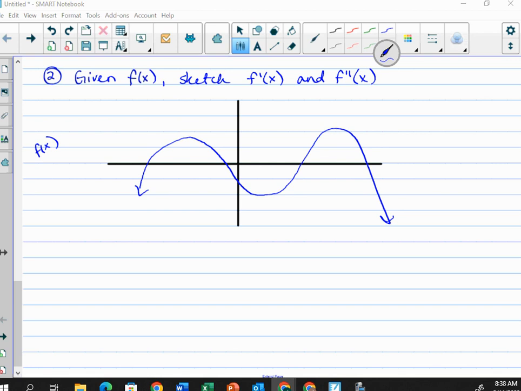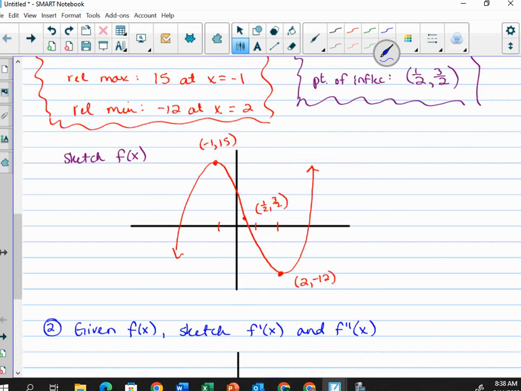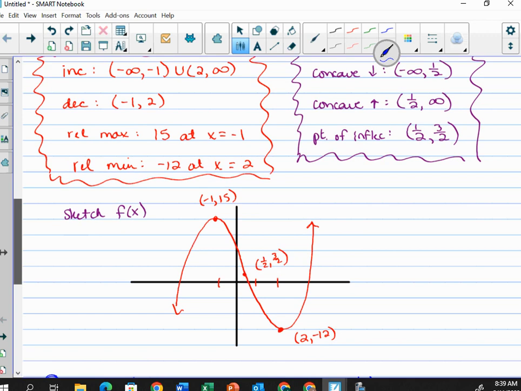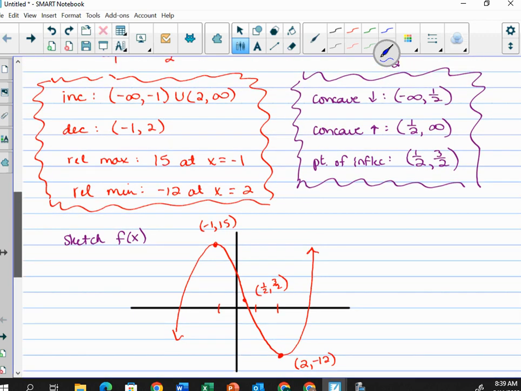Is there any consistent relationship between the first one and the second? Am I slow? So think about the one we just did here. The maximum and the minimum, how were those related to the first derivative? What did the first derivative equal at the maximum and minimum of this original graph?